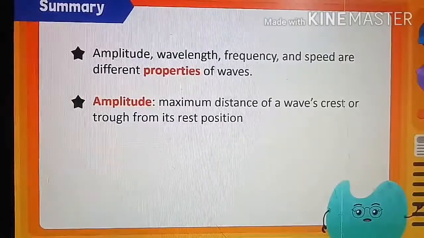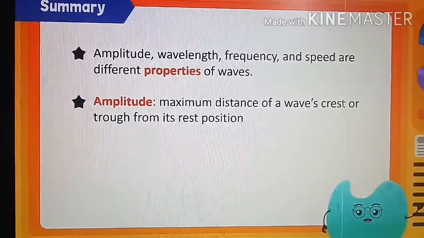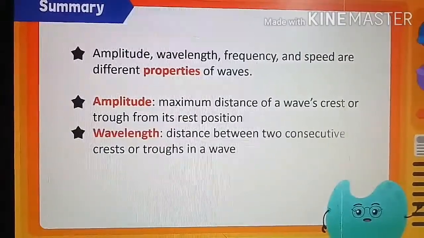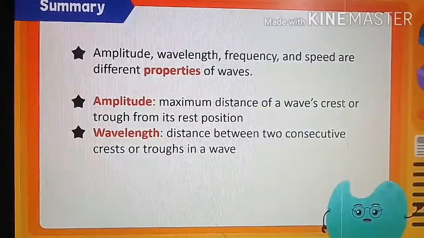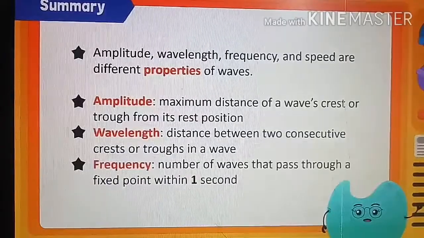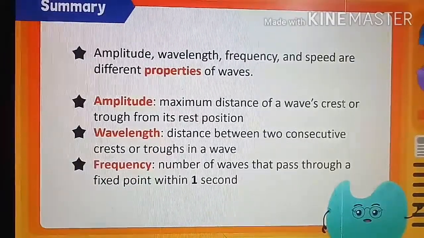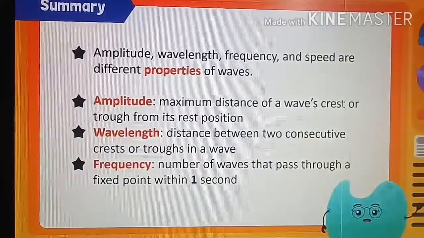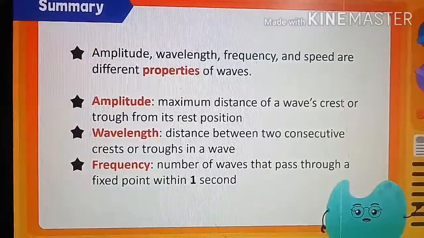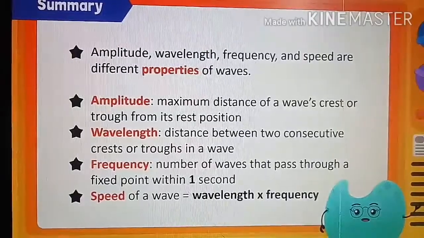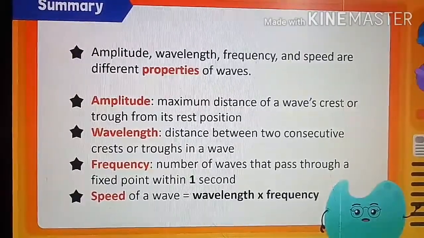Wavelength is the distance between two consecutive crests or troughs in a wave. Frequency is the number of waves that pass through a fixed point within 1 second. And speed of wave equals wavelength into frequency.